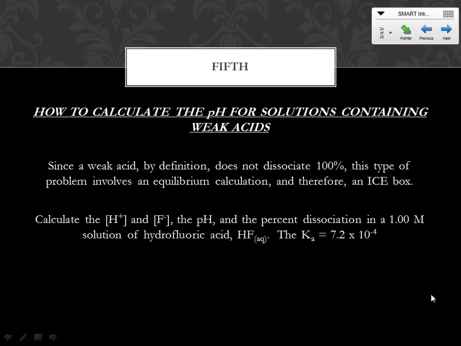If you think back to the last chapter, this is a similar problem in that we are given a Ka value, so we're given our K value, and we're given an initial concentration. So this is somewhat like our type 2 problems from the last chapter.